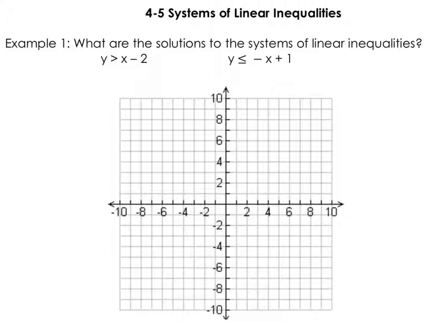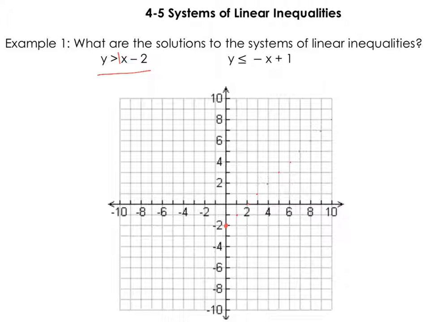So let's start off and we're going to graph our first line, y is greater than x minus 2. So I'm going to begin at -2, and my slope is 1, so I'm going to go up 1, right 1, as far as I possibly can go.